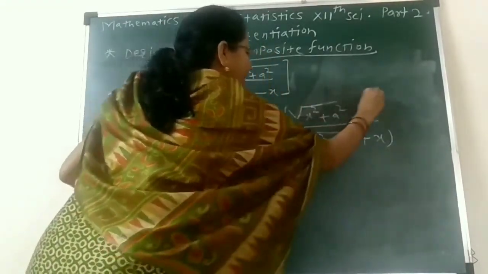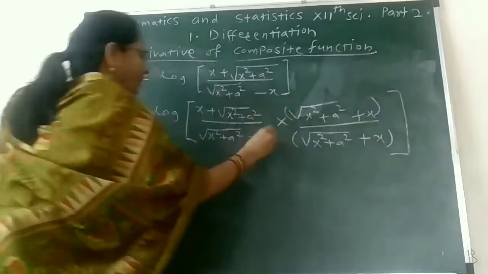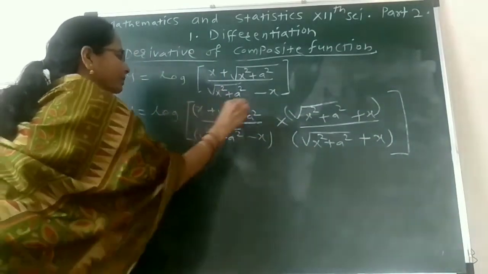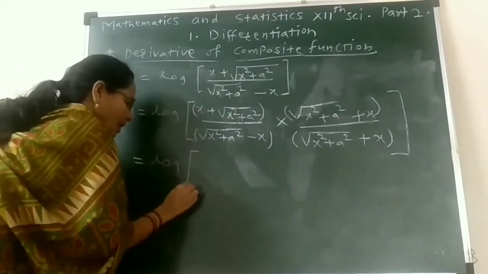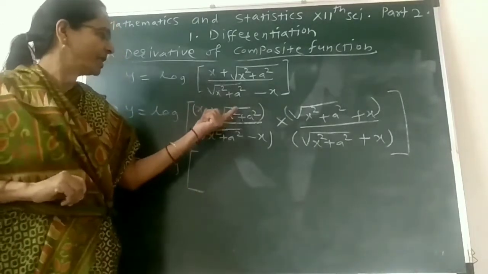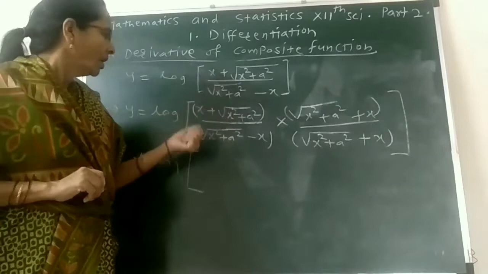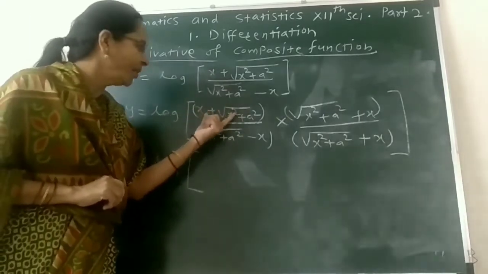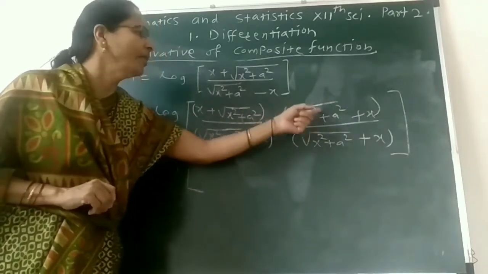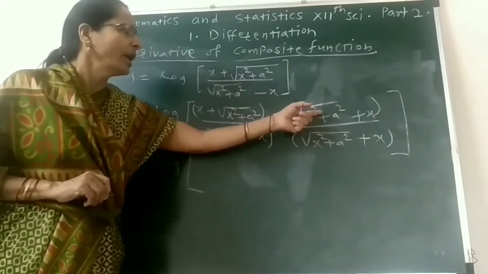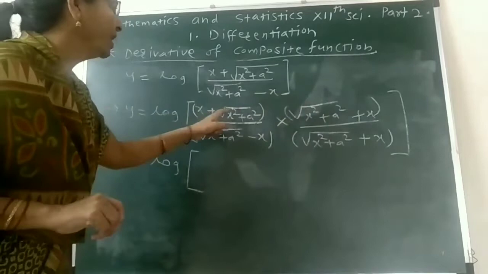Take brackets here. Suppose this term is m. So here is m, into this term which is also m. So m into m is m square, that means the square of this.